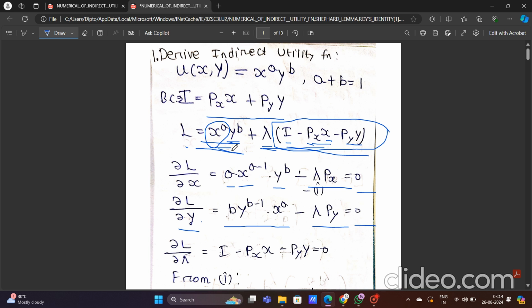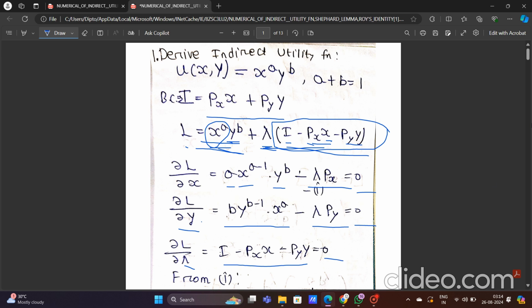And lambda will have the derivative of 1. So the term multiplied with lambda, that is I minus px into x minus py into y, will be treated as constant, taken outside, and will remain when we take the derivative of the Lagrangian with respect to lambda. That will also be set to 0.